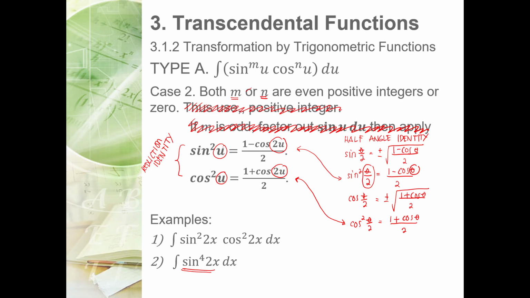I'm going to show you later what's the difference of using this u parameter as the angle and the half angle I'm using with theta over 2. Okay, so let's try to solve the first problem for us to appreciate case number 2.